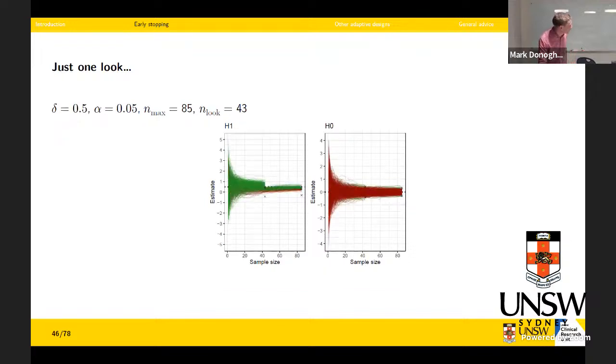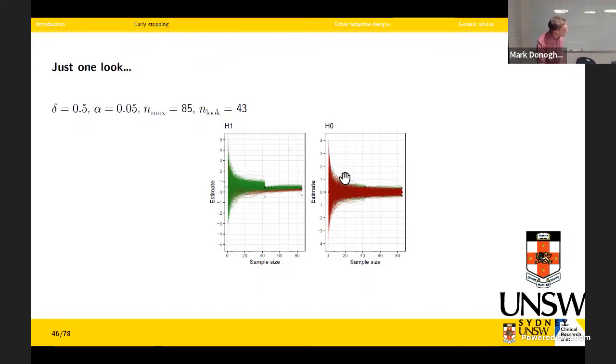But if we roll that forward to a full set of 500 hypothetical results, there's a decent bunch that don't declare significance in the first scenario. That's not too bad because that's just a lack of power. We already thought we only had 90% power anyway.